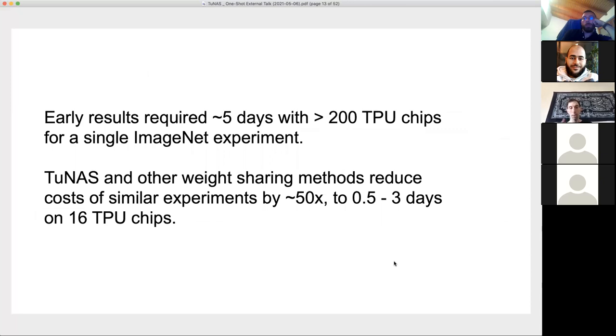With these early algorithms where you would train thousands of network architectures from scratch, experiments were quite expensive, for instance requiring on the order of 5 days with more than 200 TPU chips. And the weight sharing methods that we were experimenting with were around 50 times more efficient. So I think we were doing well on that axis as well.